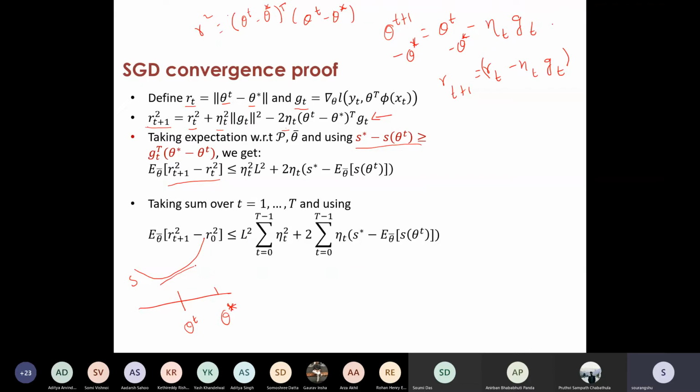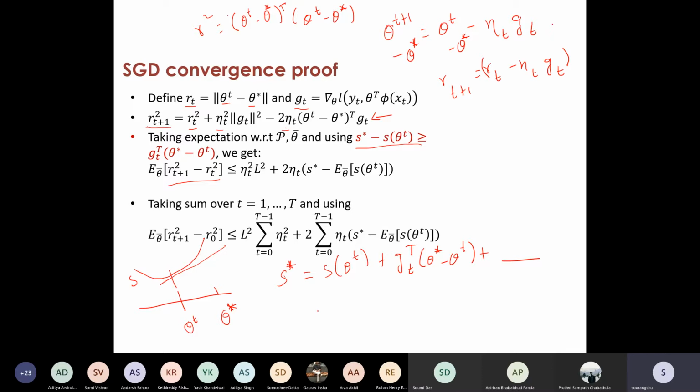All we are saying is that if we extrapolate the function around theta t and calculate S at theta star, we are doing a Taylor expansion around theta t. So this will be S of theta t plus GT transpose theta star minus theta t, plus some higher order terms, which for convex functions are always positive, since the curvature is always positive.